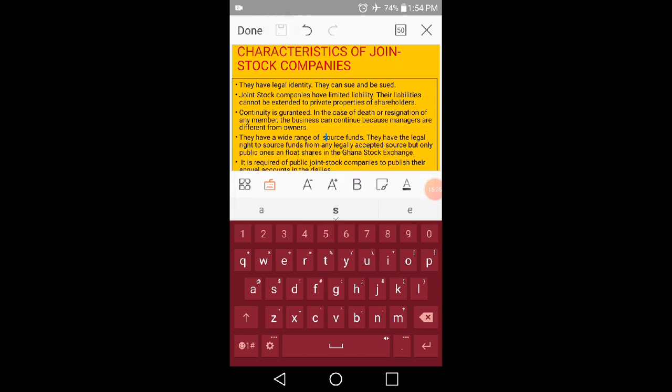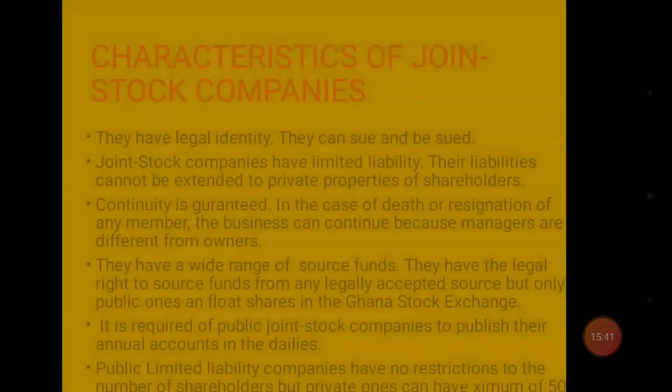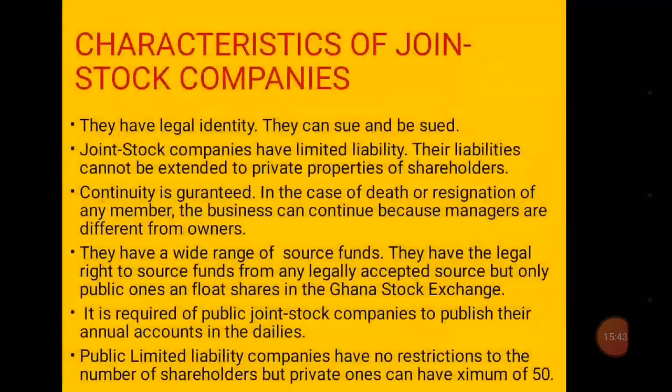They have a very wide range of sources of funding, because they have the legal right to source funds from any legally accepted source, so they can get funds from financial companies, from credit unions, from loans, bank overdrafts, and so many other sources.